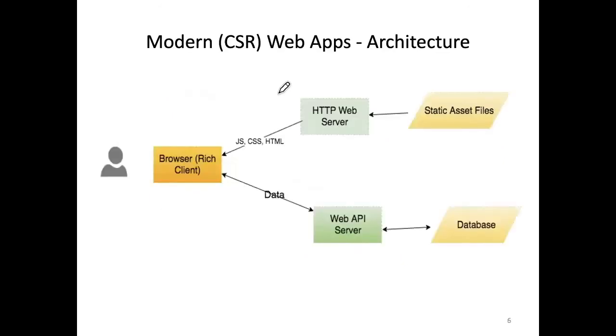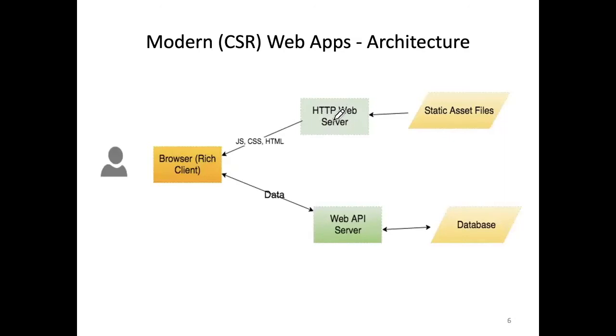So client-side rendering is what I'm vaguely referring to in my first statement as a modern web app architecture. This is another look at that architecture, but what I'm trying to show here is that when the user first launches or navigates to our web app, the browser sends a request to a standard web server, a standard HTTP server.